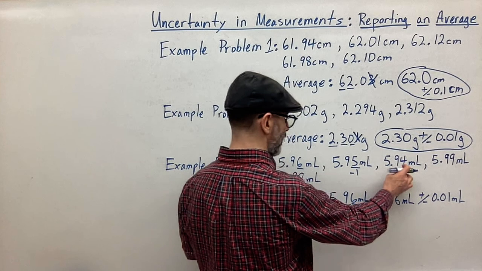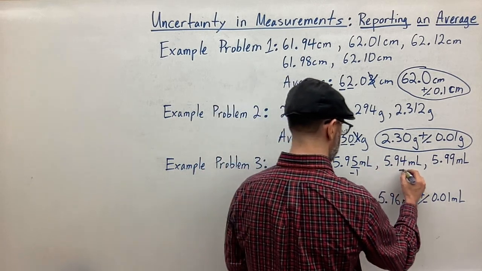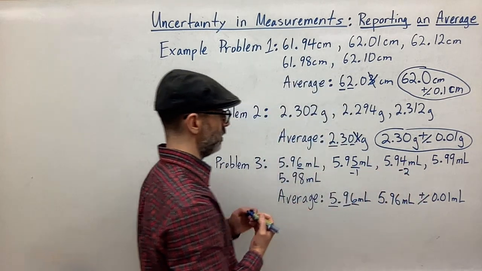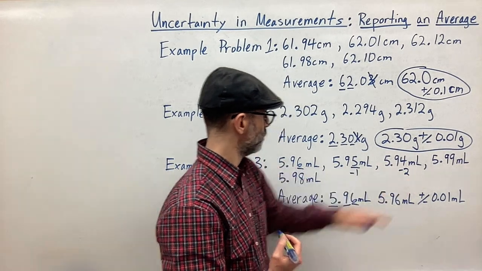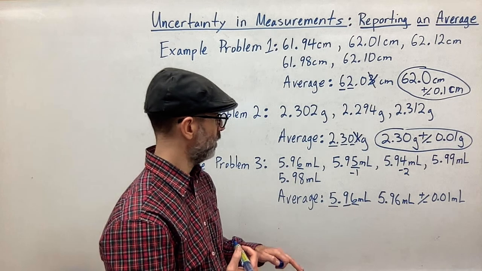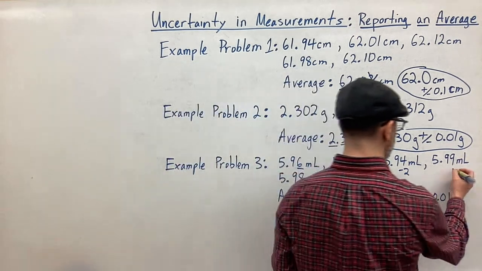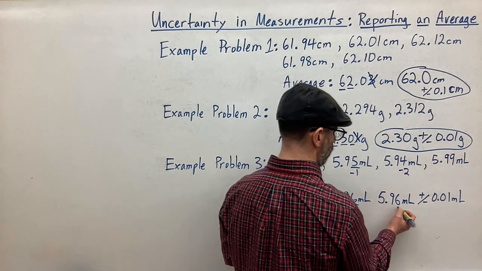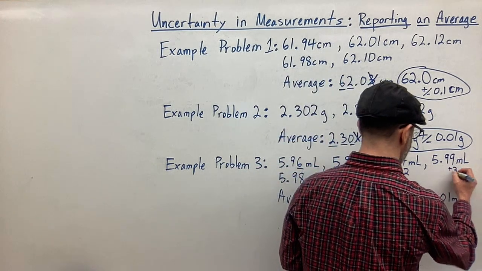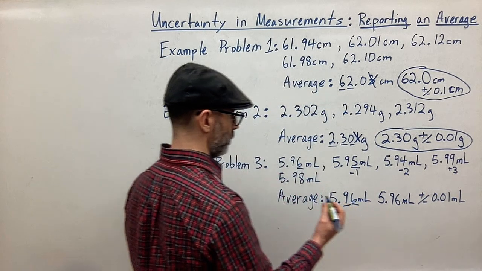This one is 2 below. So this one's minus 2 in that place here, in the hundredths place. And then you'll notice that this one is 3 above the average. So this is a plus 3 in that place, in the hundredths place.